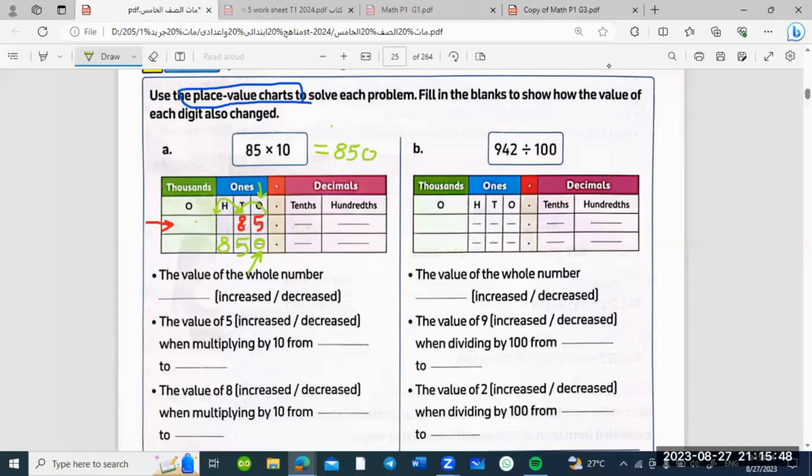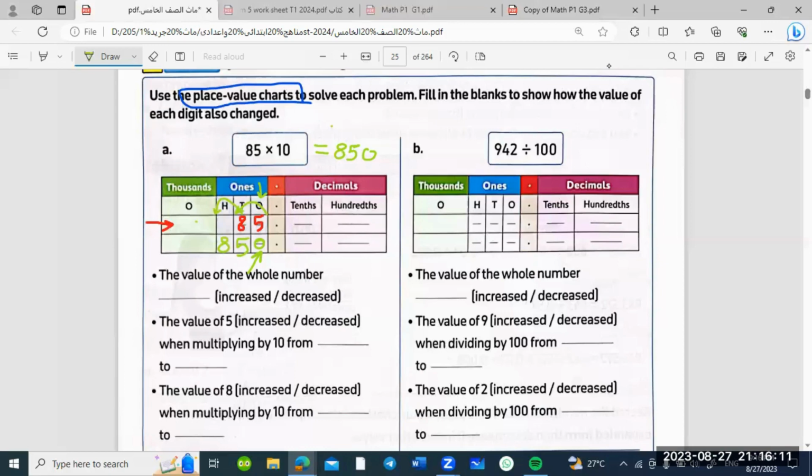This way is a bit difficult, not difficult, but it's long. It takes a long time, you have to write in this value chart and then change each digit to the next place value. But the next way is easier, simpler.